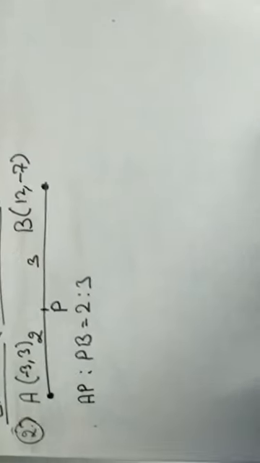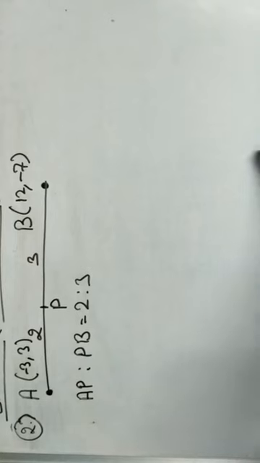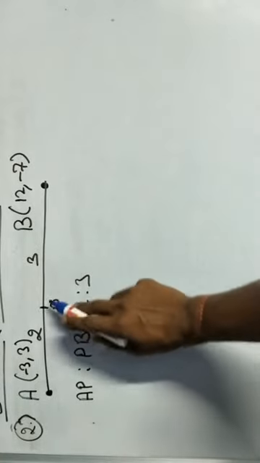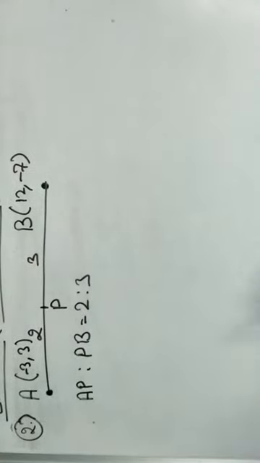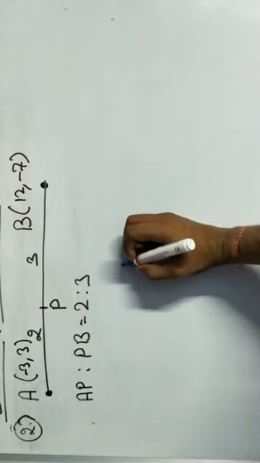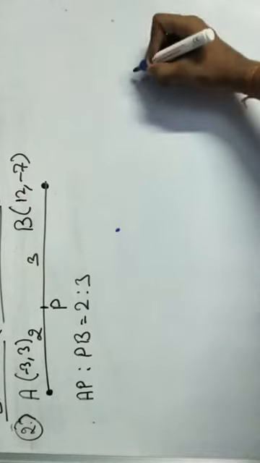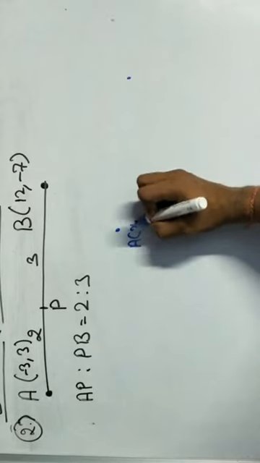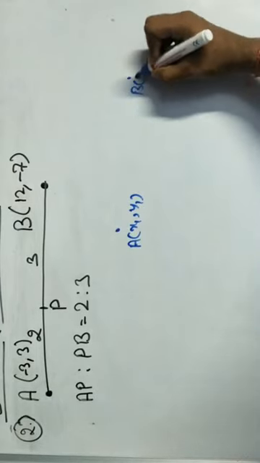Moving on to the second question. You are given 2 coordinates A and B. The coordinate of A is (-3, 3) and the coordinate of B is (12, -7), and P is a point lying on the line joining A and B such that AP is to PB is 2:3. The ratio is given. So this sum will be solved by using the section formula. You have 2 points A (x1, y1) and B (x2, y2).